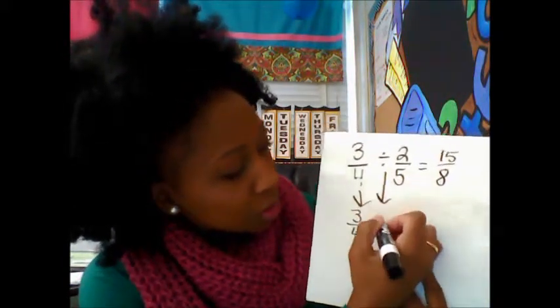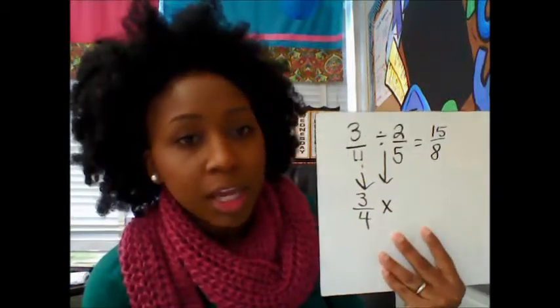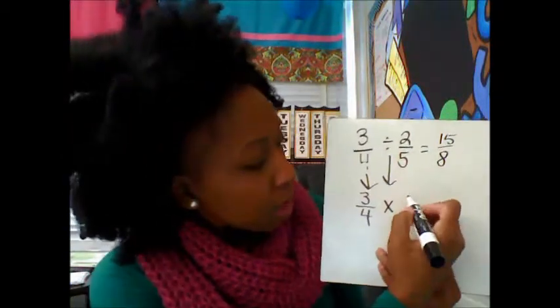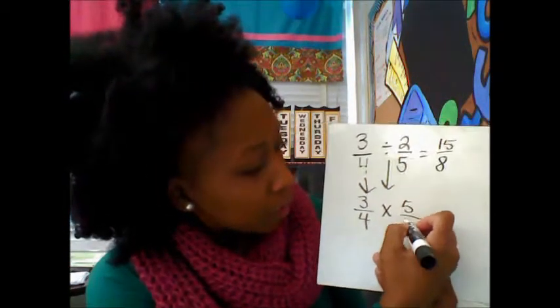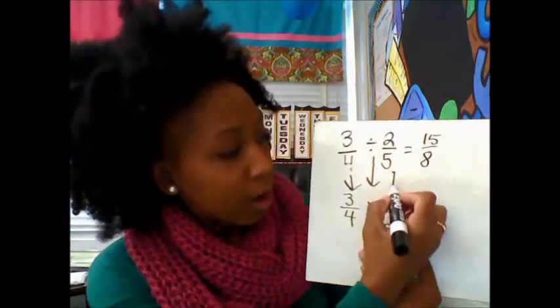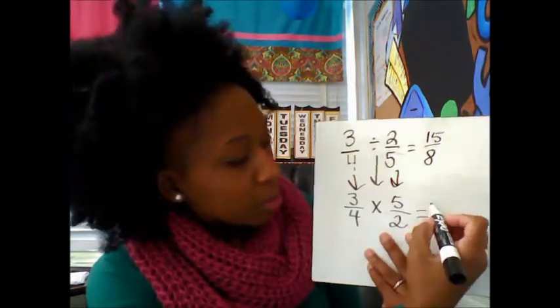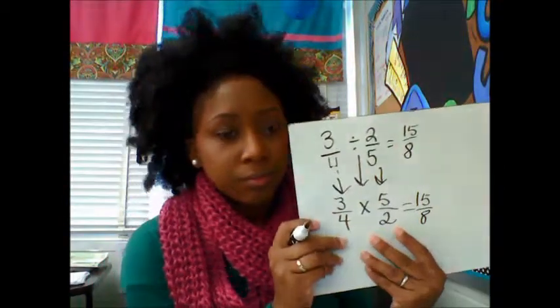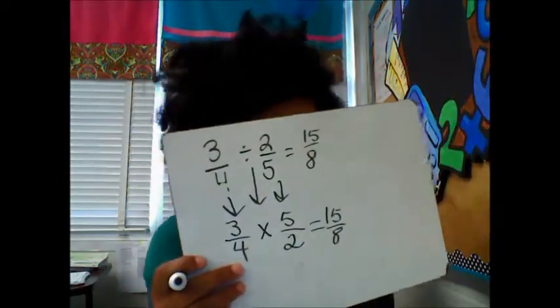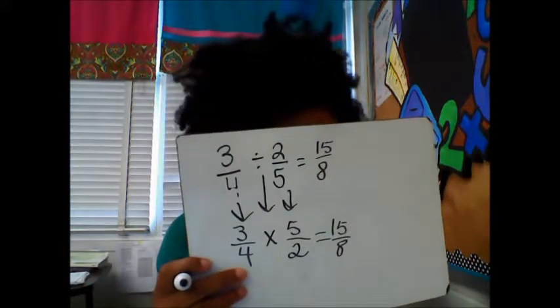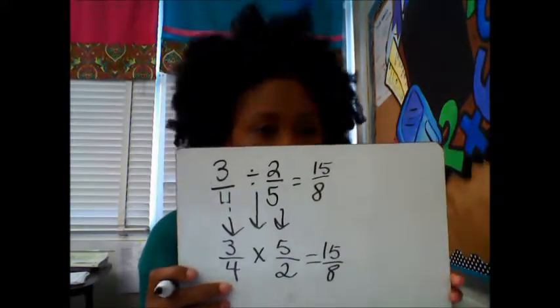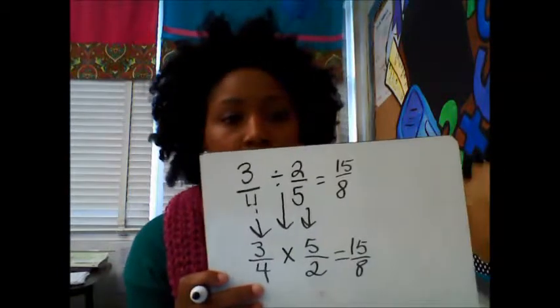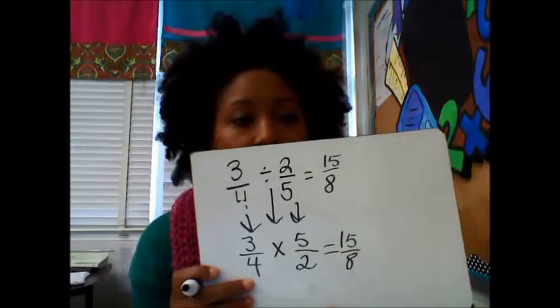I change the division sign to a multiplication sign, and then I take the inverse or the reciprocal of the second fraction, and then I multiply to get 15/8. There we go. So there's your keep, change, flip.